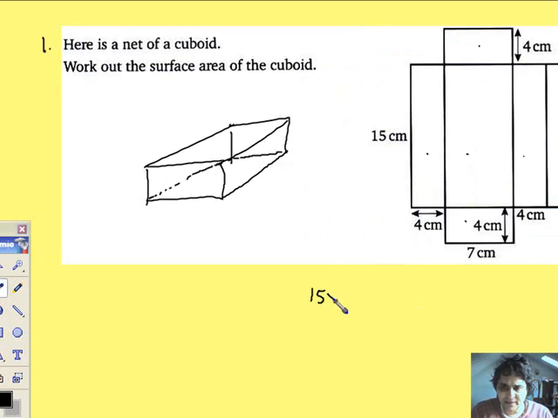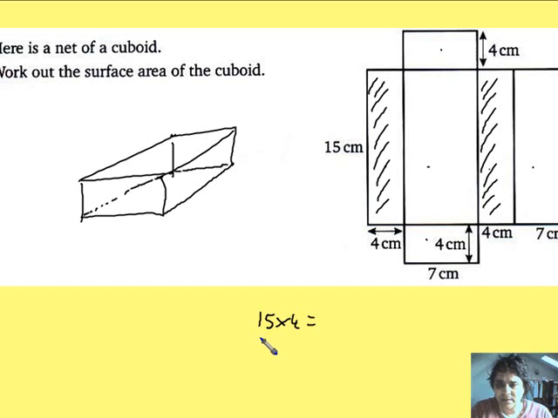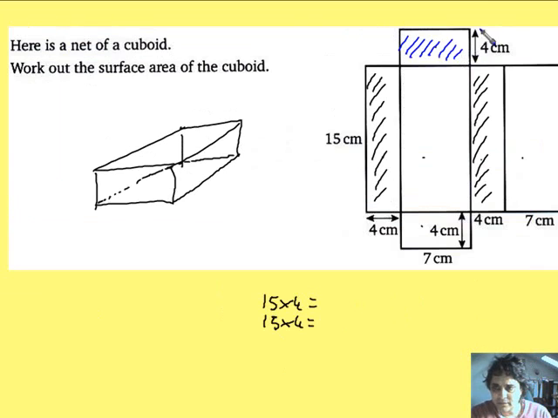So let's just do this one first. It goes 15 times 4. That's done. Look, that's another 15 by 4 because it matches this one. If I shade that one in black with that one in black, then you know they match when they fit together. I'll shade the edges in blue: this one's 4 by 7, and this one is 4 by 7 as well.